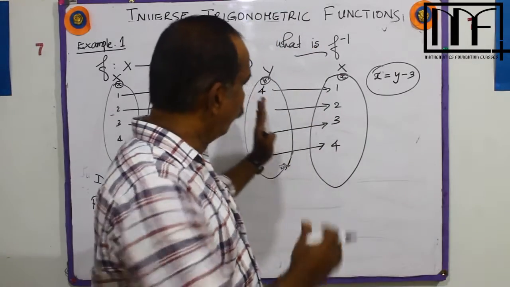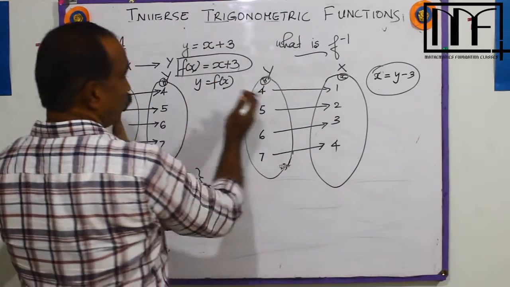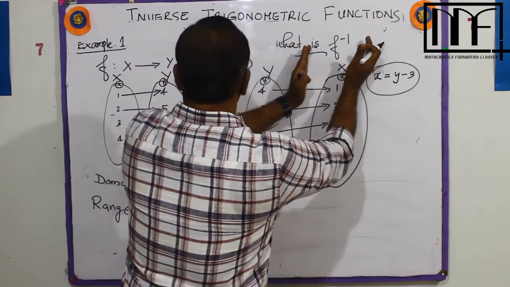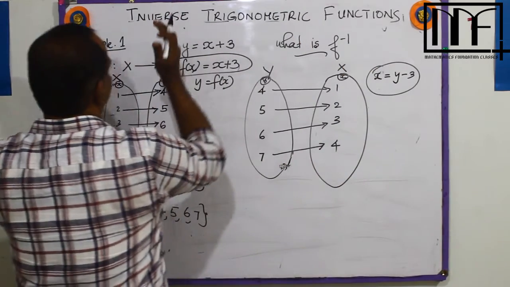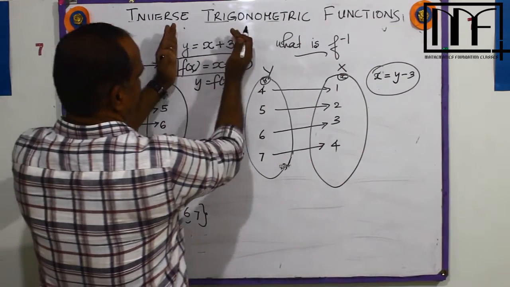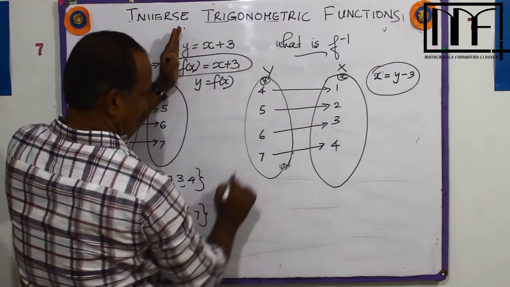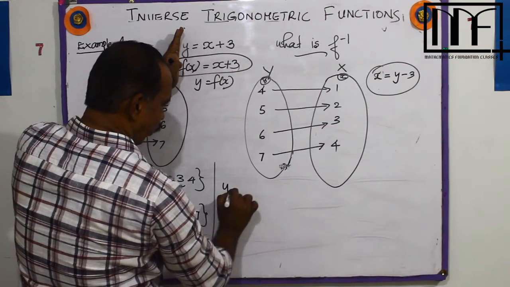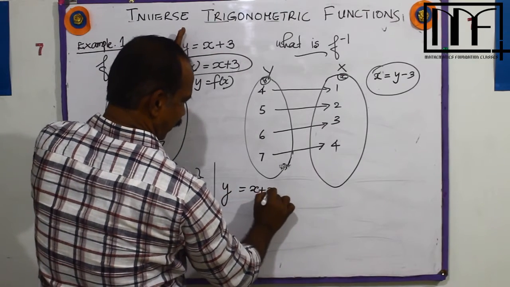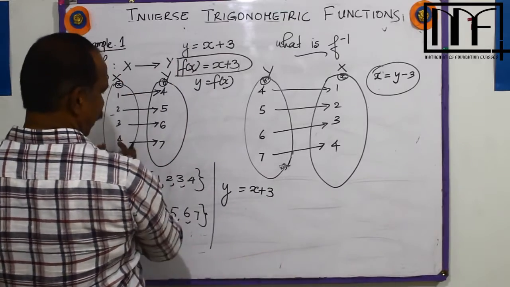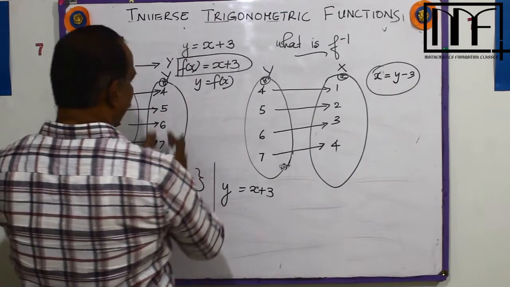So to find the relation or to form the function, you don't have to find it from the elements themselves, because the inverse function comes from the function f(x), and f(x) is y equals x plus 3, where x represents the domain elements and y represents the range elements.